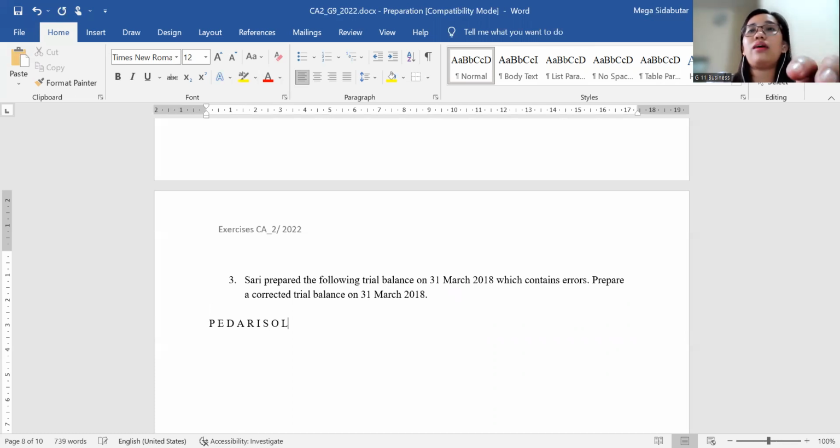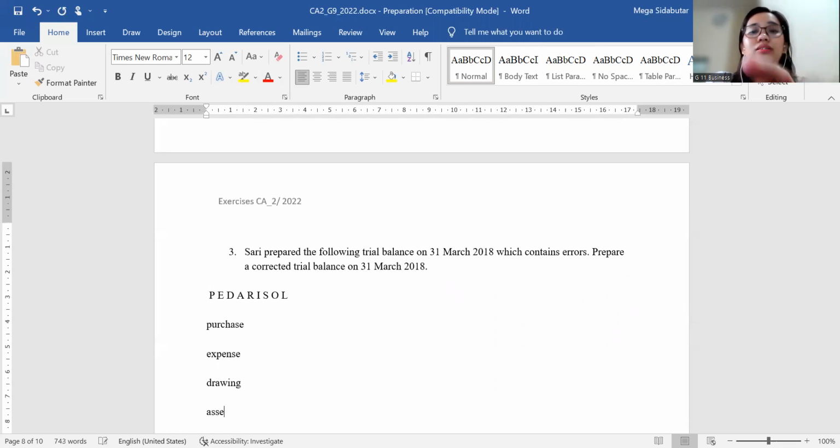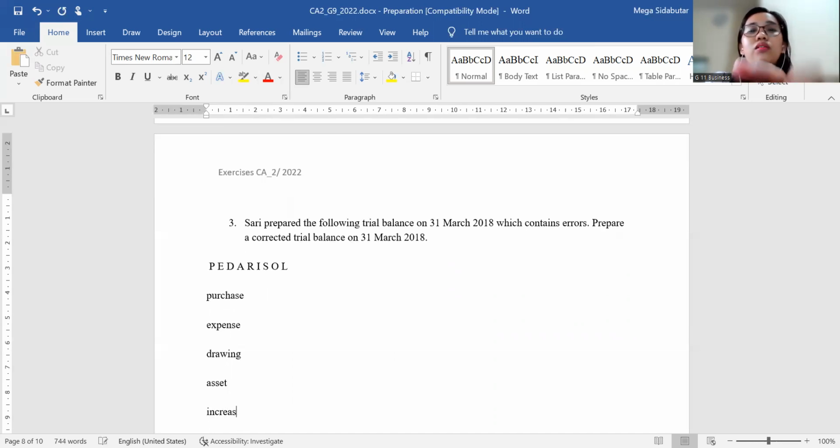Just remember PEDAR: P is purchases, E is expenses, D is drawings, A is assets. All of them are increased on the debit side. It means the normal balance is on the debit side.